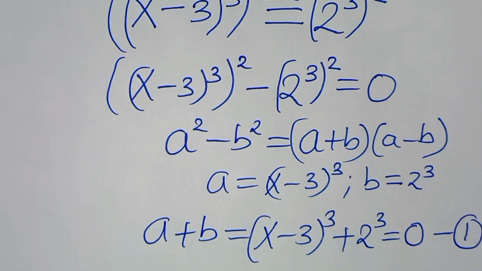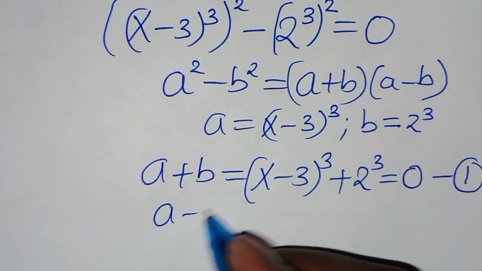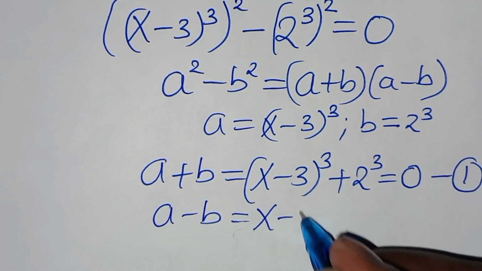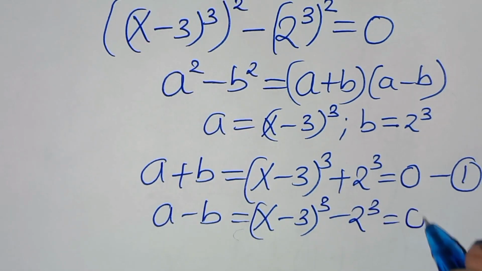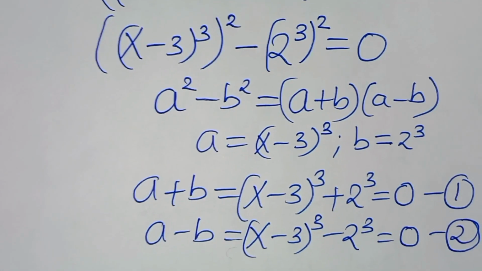Let's call this equation 1. And a - b is (x - 3)^3 - 2^3 = 0. Let's call this equation 2.